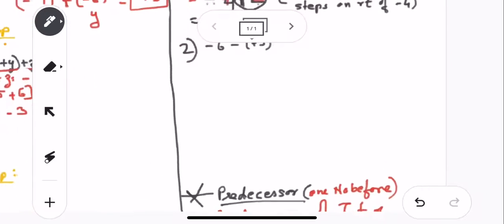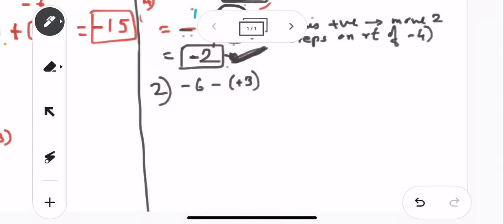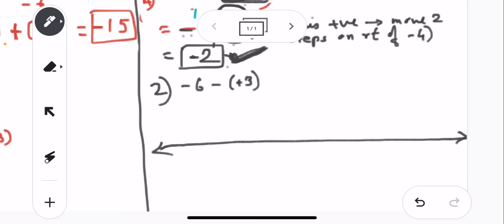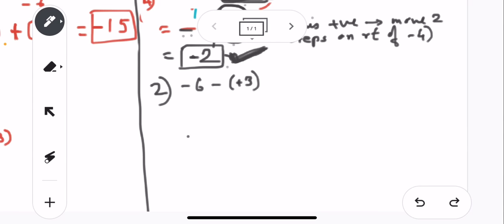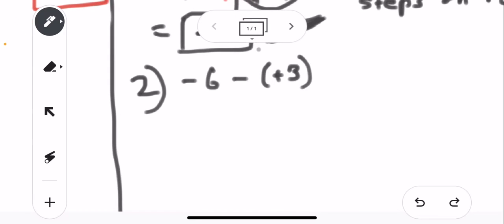Now here, let me solve one more problem on the number line. First, minus 6 is the first number. Now what we are going to do here, this is minus and this is plus, so minus plus becomes minus, so minus 6 and minus 3.